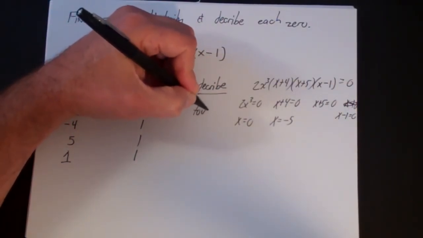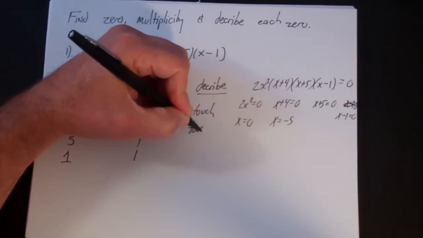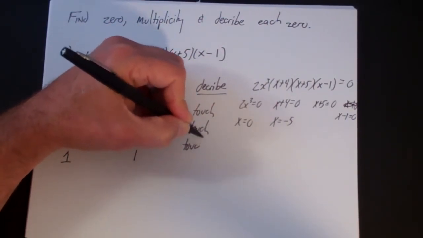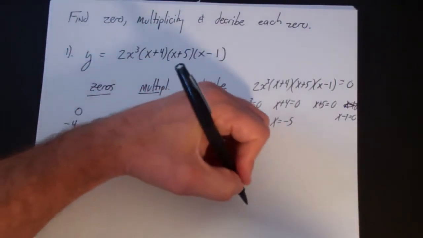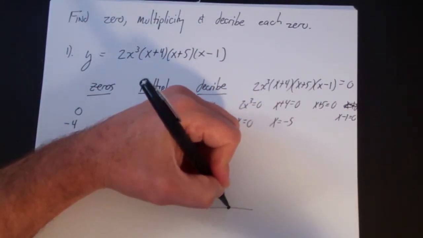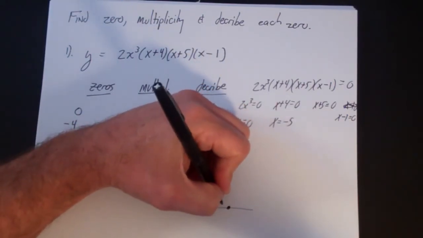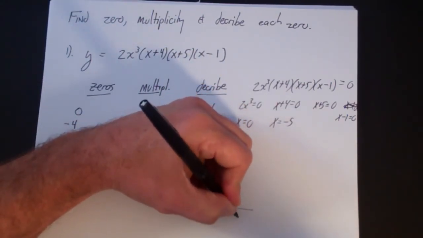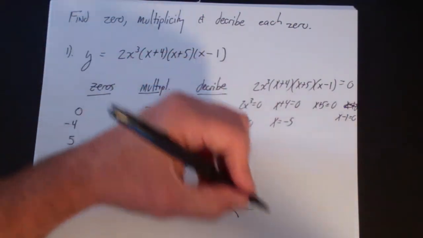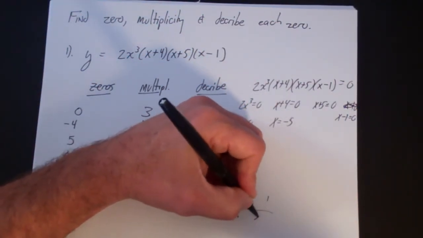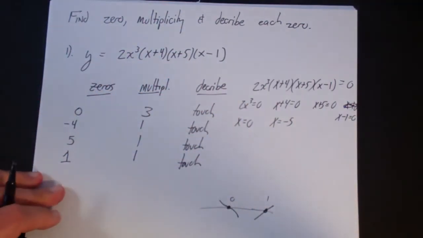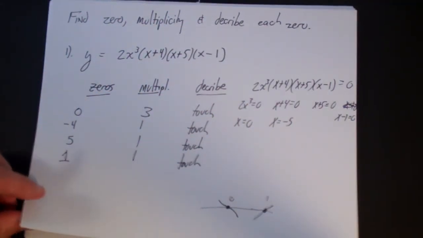This is going to be a cross, this is going to be a cross, and a cross. They're going to look a little bit different. Where 0 is, it's going to be a little flatter and then steeper, where the other ones are just going to be more like slices. Other than that, they're exactly the same.